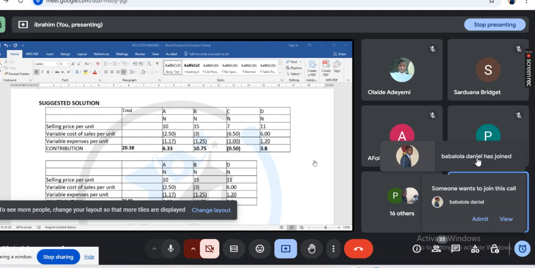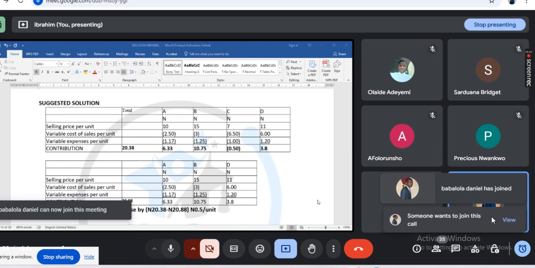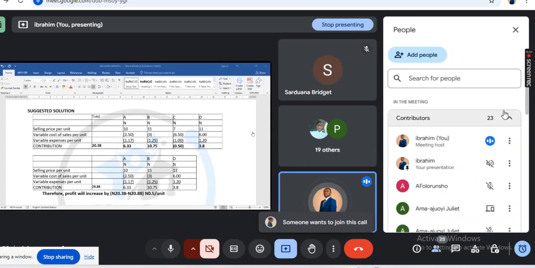We multiply by the units that you discontinued. Don't forget, you discontinued product C.